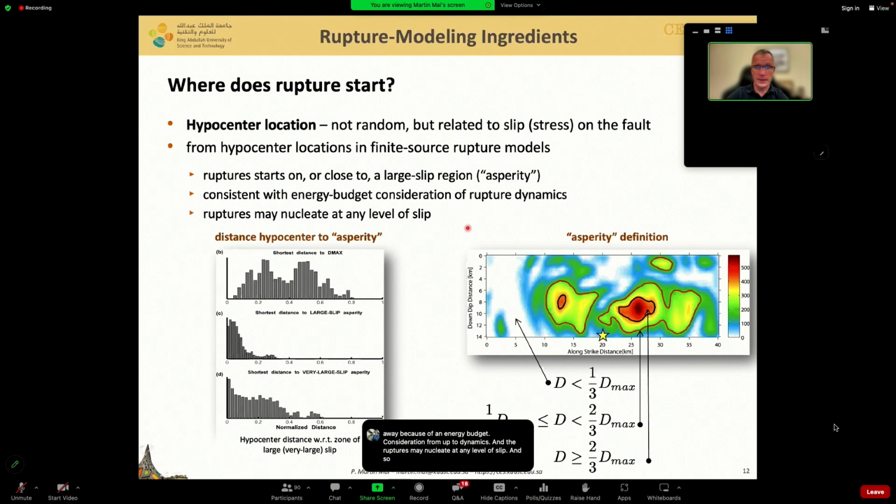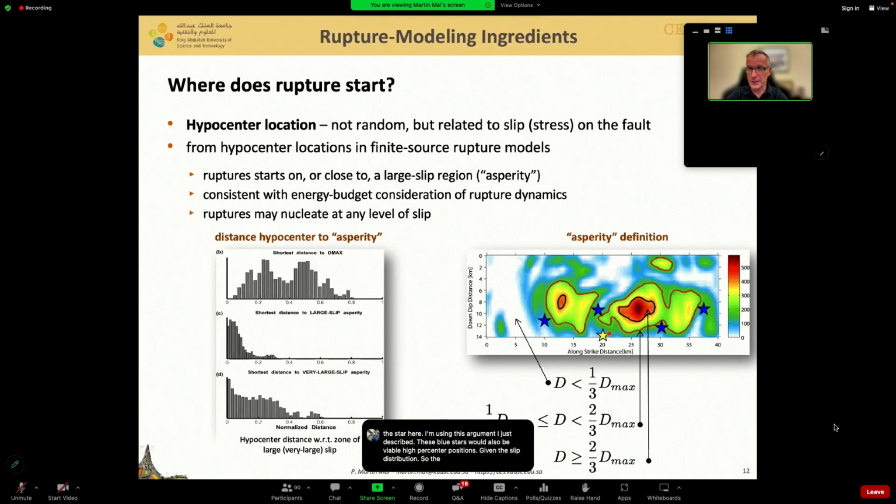So if we take this example on the right here, which is a finite fault rupture model from Greg Beroza for the Loma Prieta earthquake, so we are way past some years old work, the hypocenter of this earthquake is indicated by the star here. Using this argument I just described, these blue stars would also be viable hypocenter positions given the slip distribution.